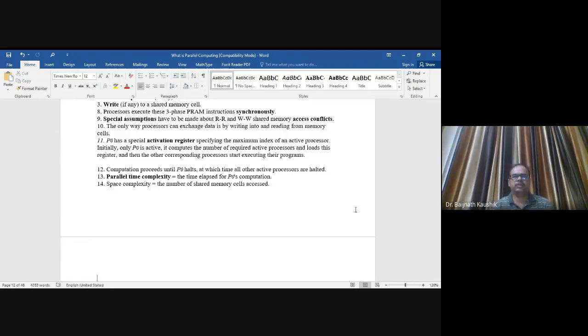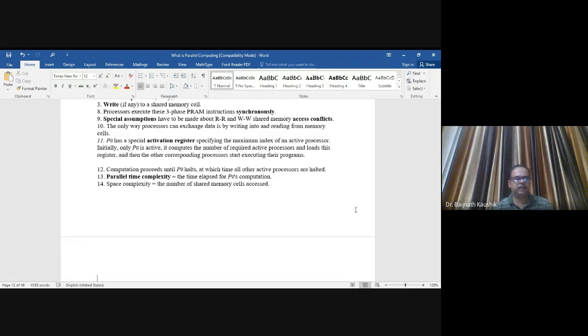Then it loads this register, and then other corresponding processors start executing their programs. Computation in PRAM proceeds until P0 halts, at which time all other active processors are also halted.